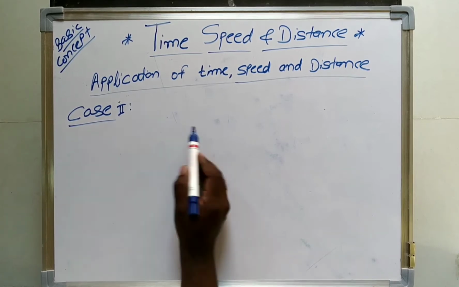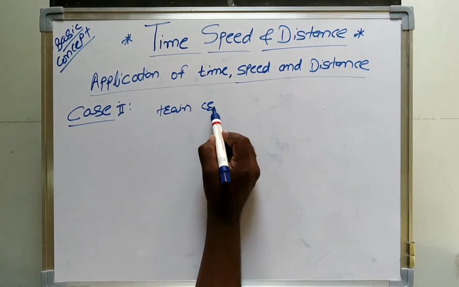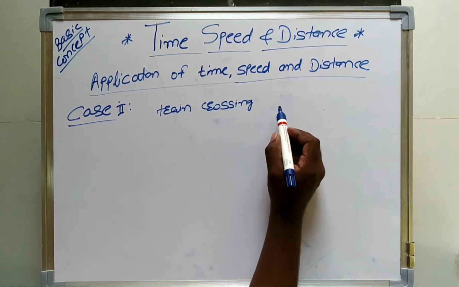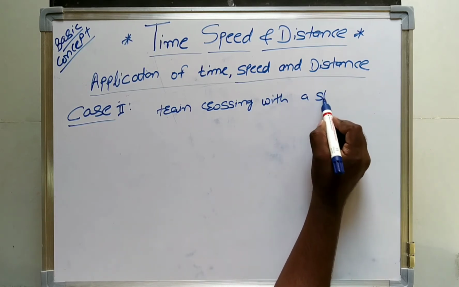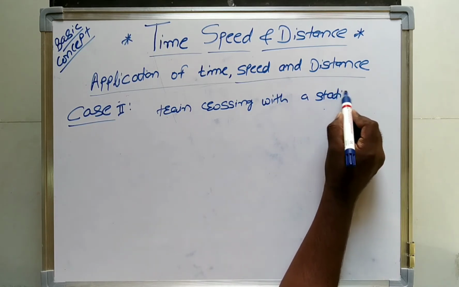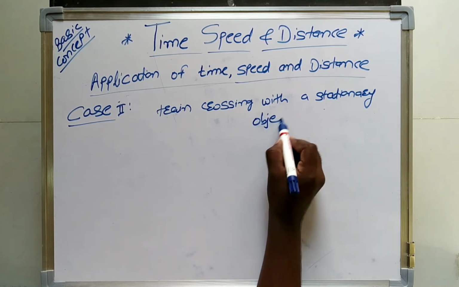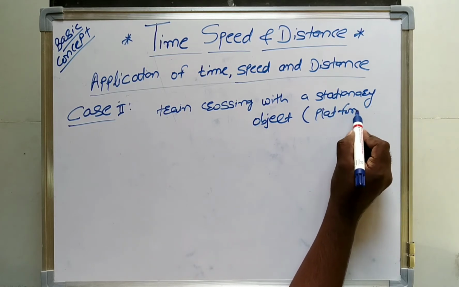Now case 2. Train crossing a stationary object, let's say a platform, for example.